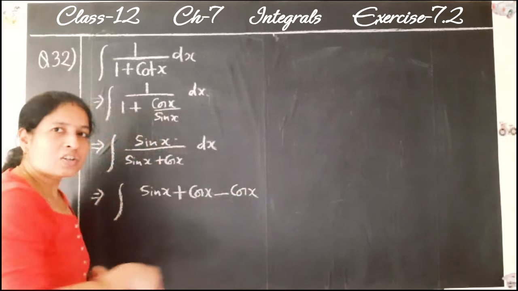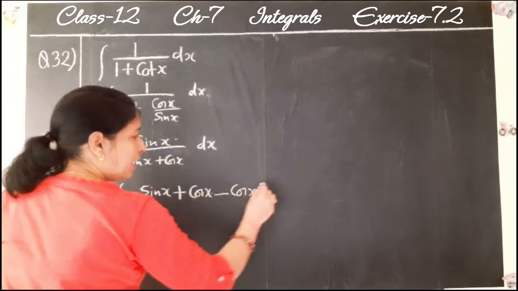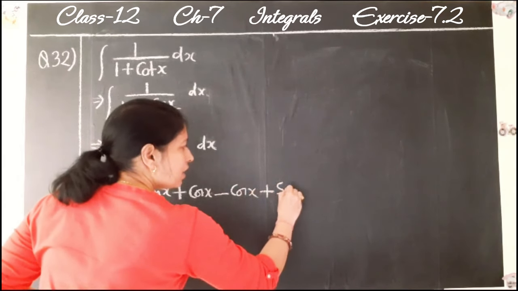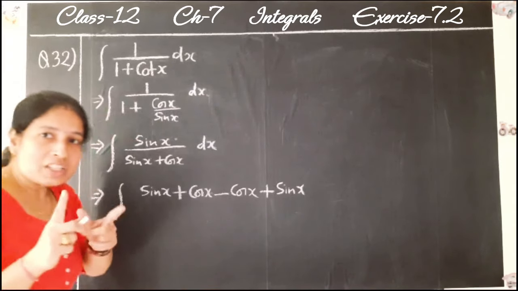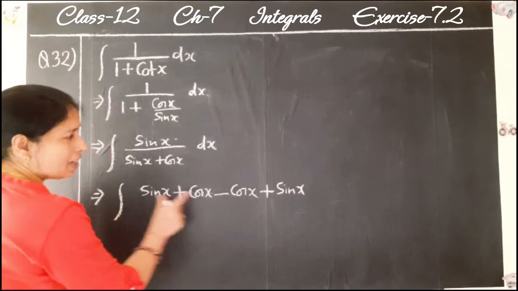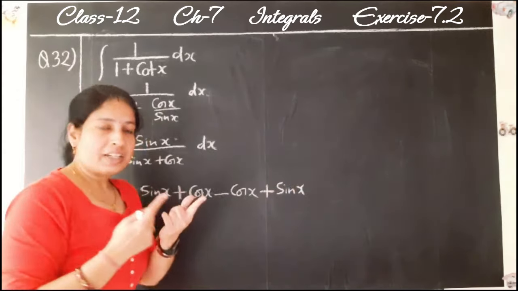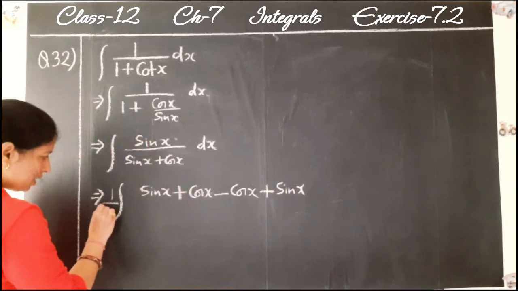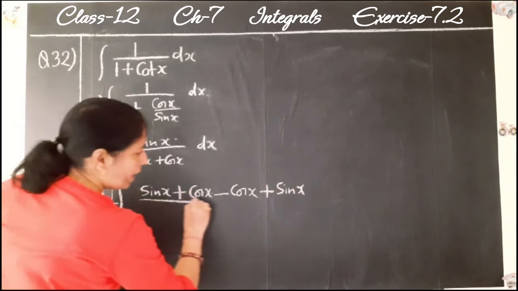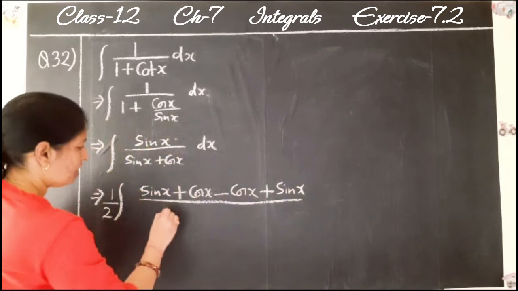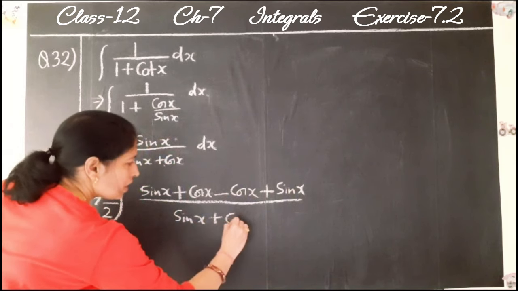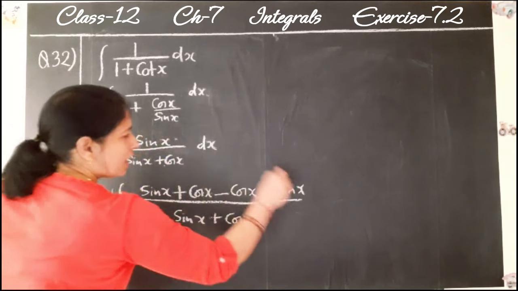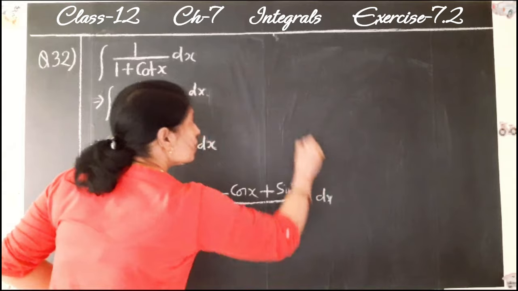So cos x minus cos x will be 0, and write 1 sin x again. But here only 1 sin x is given. Here sin x plus sin x will be 2 sin x. So divide it by 2 and write the denominator as it is. It is sin x plus cos x and write this dx as it is.